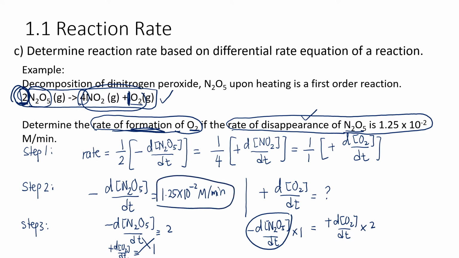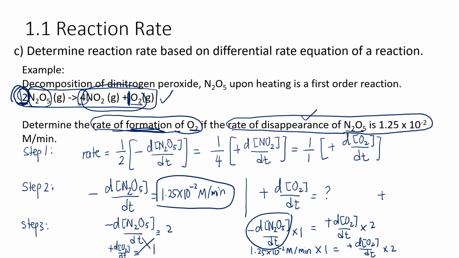And the rate of disappearance of N2O5 is given this much. So we can just substitute in 1.25 times 10 to the power of negative 2 molar per minute multiplied by 1 equals to rate of formations of oxygen, which we want to find, multiplied by 2.